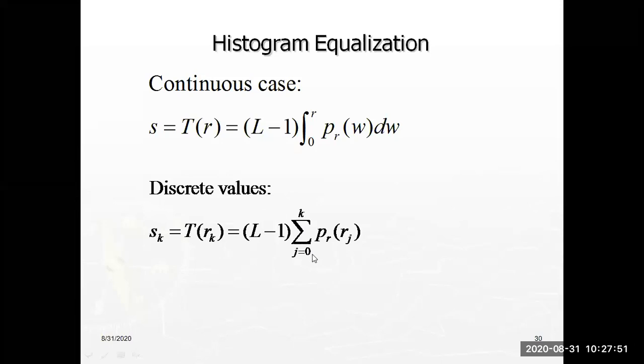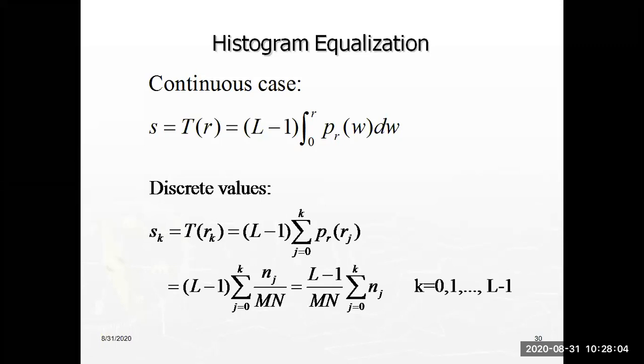So here your J is changing from 0 to K. J is an integer varying from 0 to K. Let us consider L minus 1 into sigma j equals 0 to K, and PR of RJ is replaced.